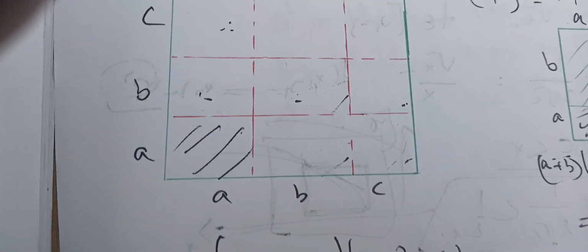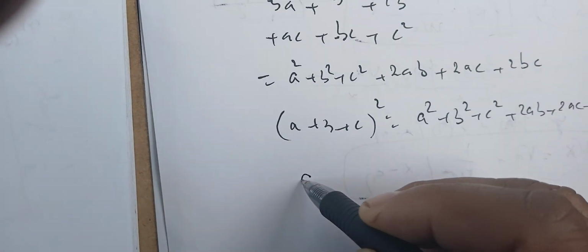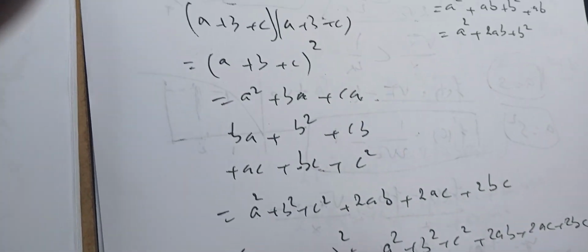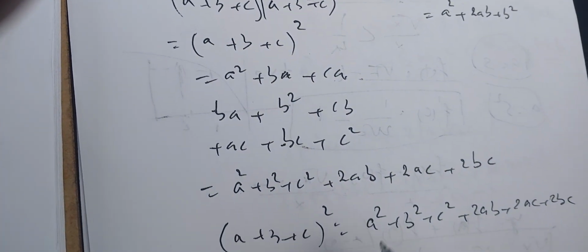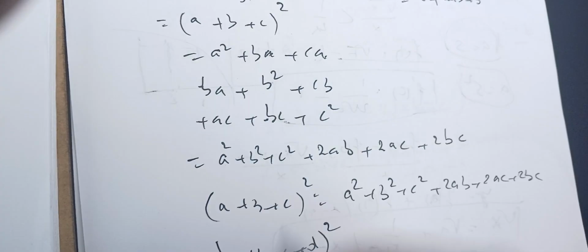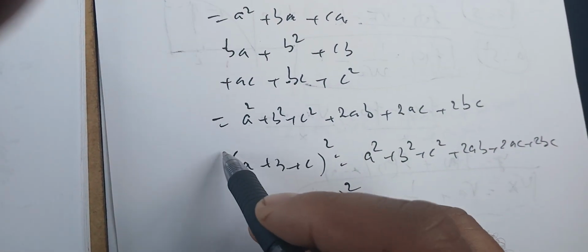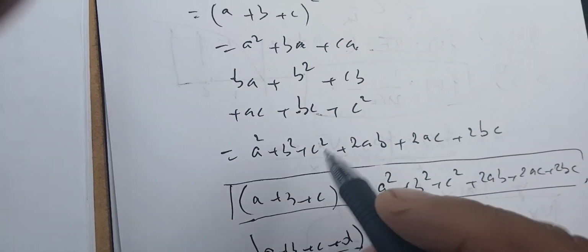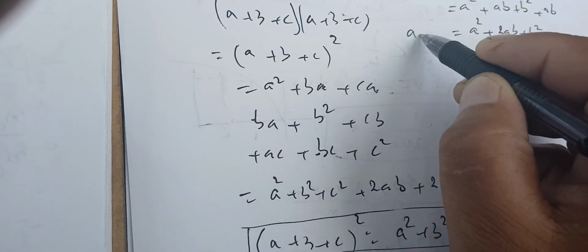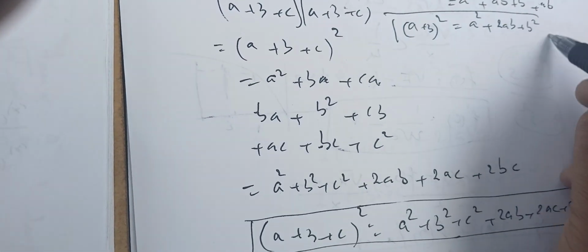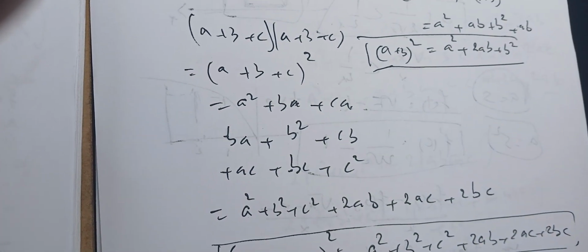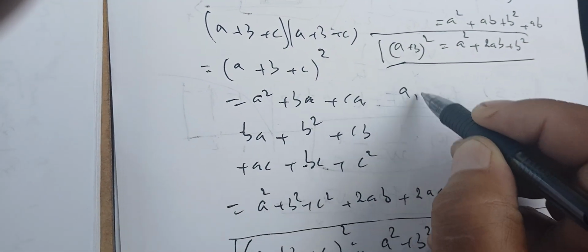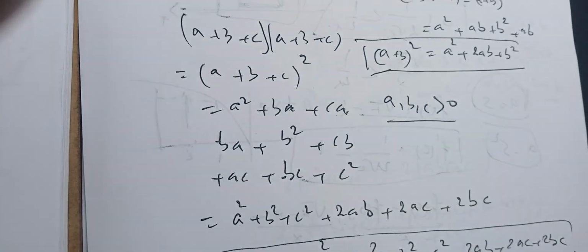We can do the same for (a plus b plus c plus d) squared; we add one more element to the game. This is completing the square that we know already, and we can use it to compute square roots. Here we can assume that a, b, and c are all positive.